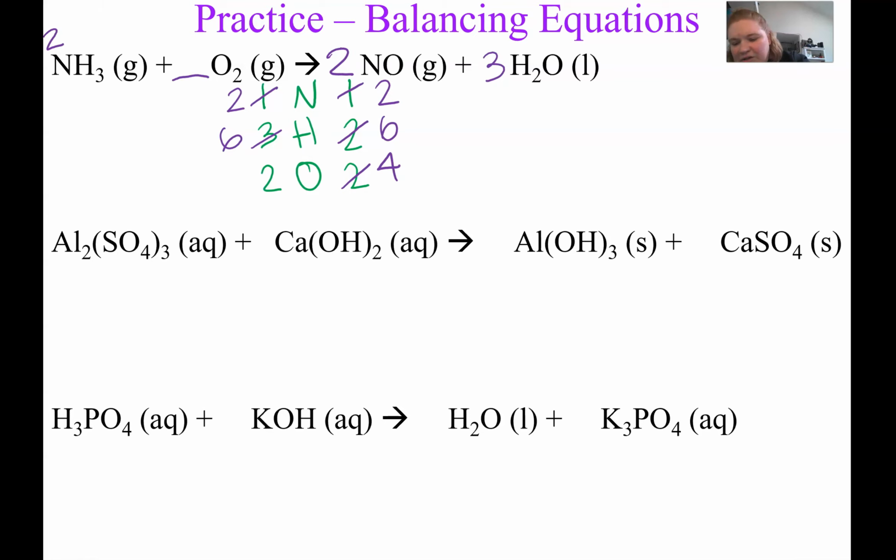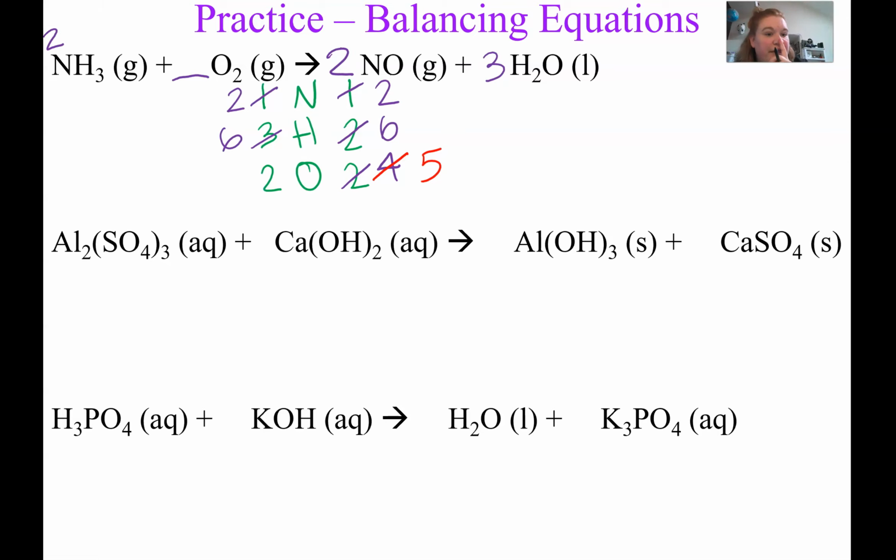But I also changed my oxygens when I added in that number, so I need to adjust my oxygen number again. I have 3 from the water and 2 from the NO, so I have 5 oxygens. Nitrogens are balanced. Hydrogens are balanced. Oxygens are not. My right-hand side has 5. My left-hand side only has 2.